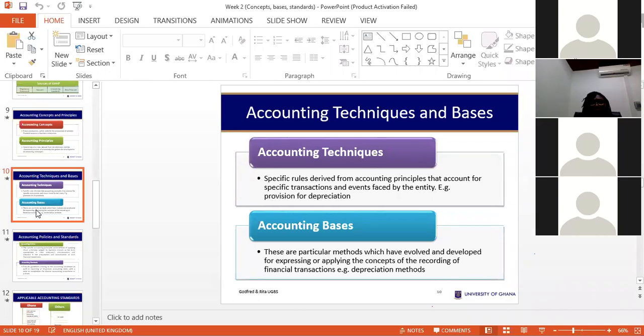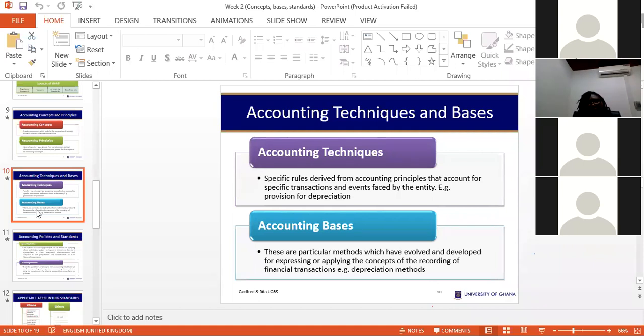So we have various ones. We have, for example, provision for depreciation. We'll see that as we get to computations. Then we have the accounting basis. On what basis are you preparing? In that case, these are the particular methods. These have also been developed by these standard setters, and allow us to make a choice between one or two of them.